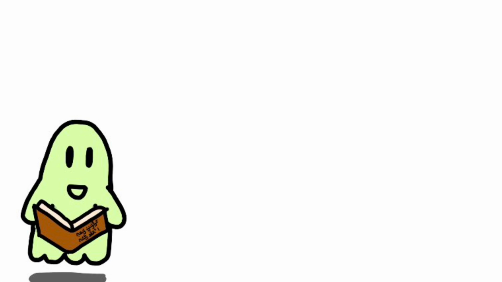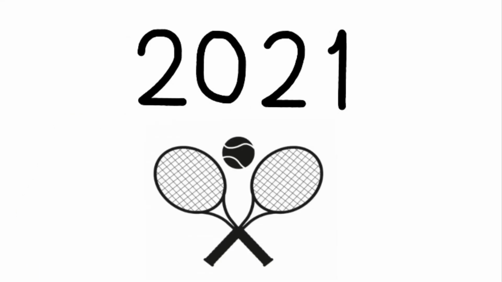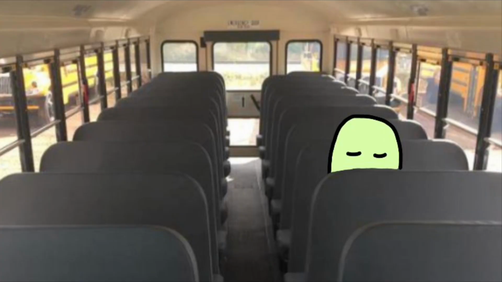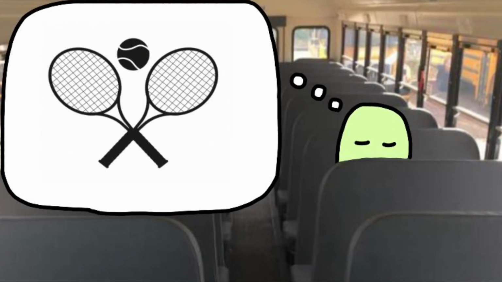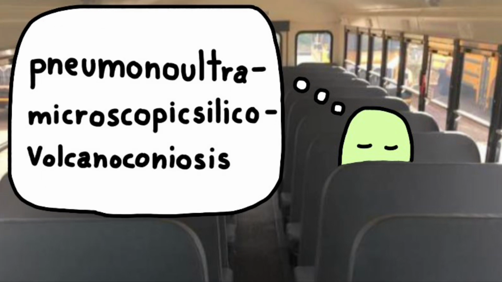So here's a little backstory of the writing system before we get into it. Yahi is a writing system I created sometime in 2021 during a tennis match. I was sitting in the back of a bus, just thinking on the way there, where I got the idea to fix English's broken spelling system.